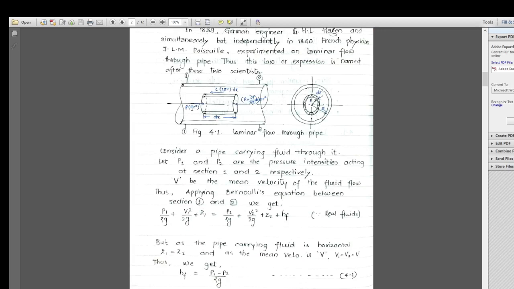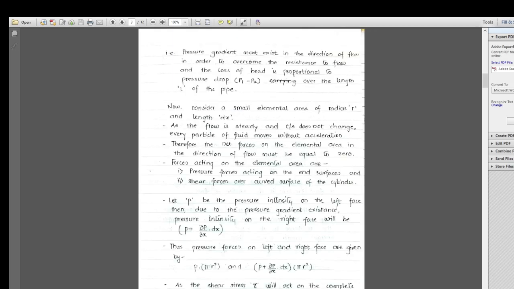At the left side the pressure intensity will be P, but at the right side it will be P plus del P by del x into dx. Why this value? Because the pressure gradient exists.